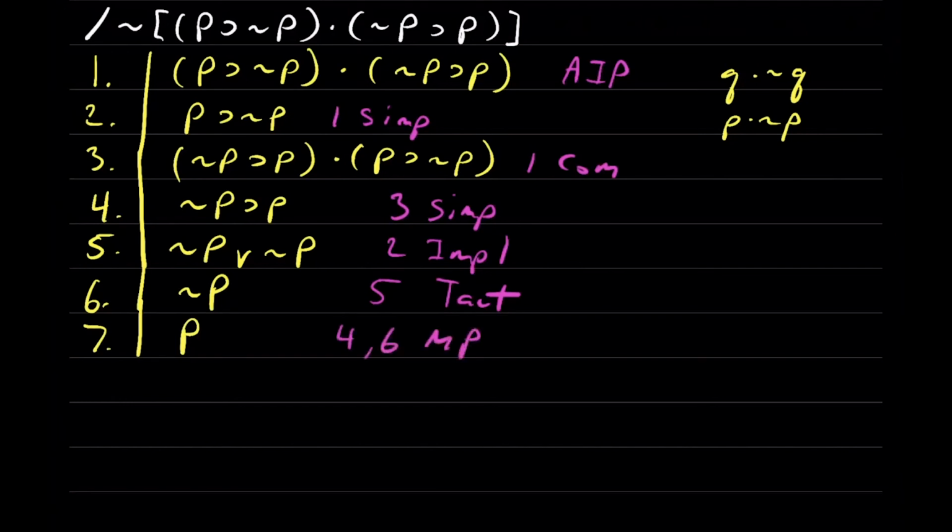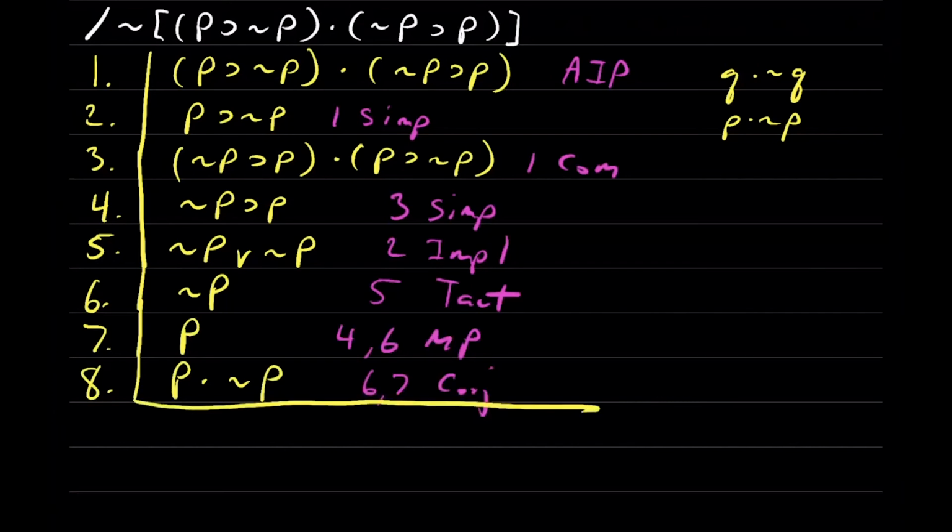Well, there's my contradiction. I have P and I have not P. So I need to conjoin those together, P and not P. That's going to follow from lines 6 and 7 by conjunction. Now that I have my explicit contradiction, I can close that off. Line 9 will just be the opposite of the negation of our initial assumption.